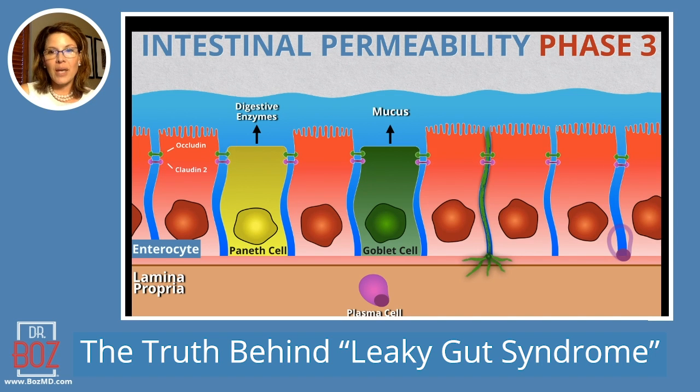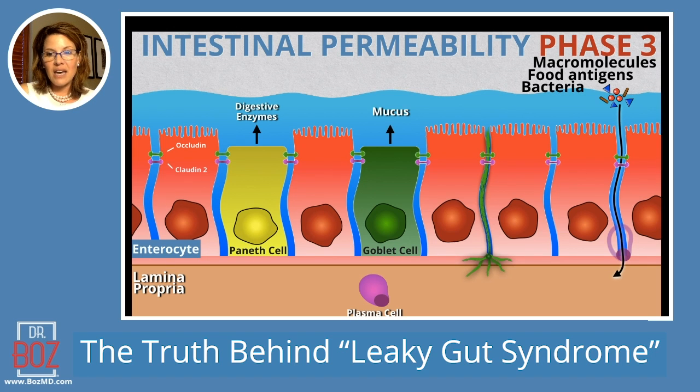But more importantly, we have things like macromolecules, we have food particles and antigens, and we have bacteria now that can slip through those cells, get into the inside of our lamina propria, and then activate our plasma cells. The other thing that's happening is we see things start to leak out, like we lose a lot of vitamins and a lot of magnesium and other solutes that are going out during phase 3.